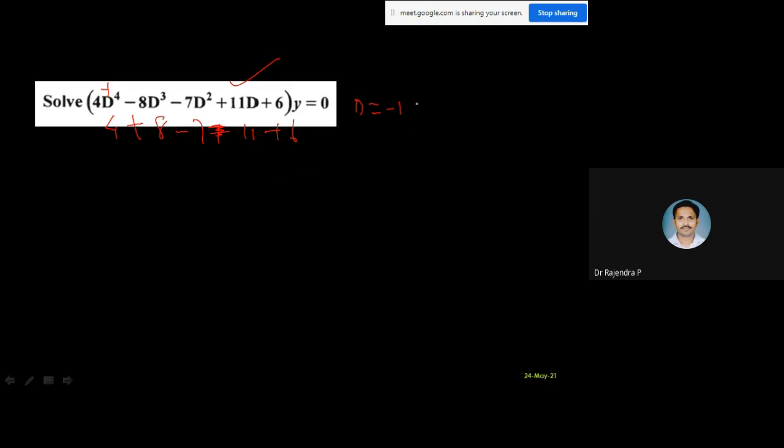With the help of that, by using synthetic division, you will get the remaining factor, which we are going to prepare as some polynomial form. So we'll go for synthetic division by taking these coefficients: 4, -8, -7, 11, 6.